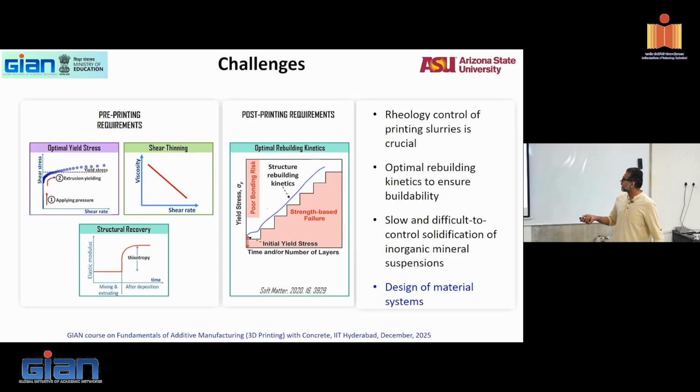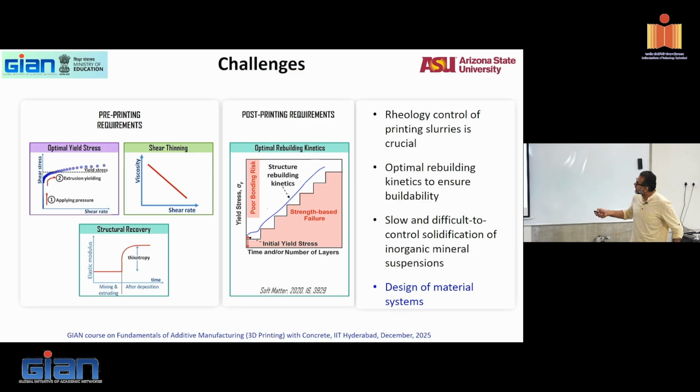So the way to look at it is, this is actually a nice schematic of how we can think about what are the post-printing requirements. The moment you print what you want, right? You have an initial yield stress. You want the yield stress to build up, or you want the load that you want to be resisting keeping on increasing as you add more and more layers, right?